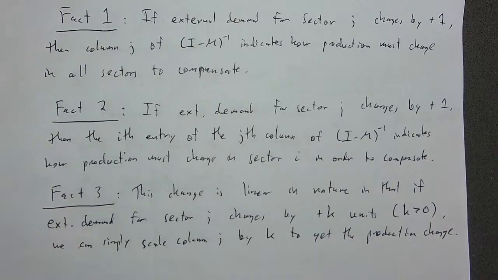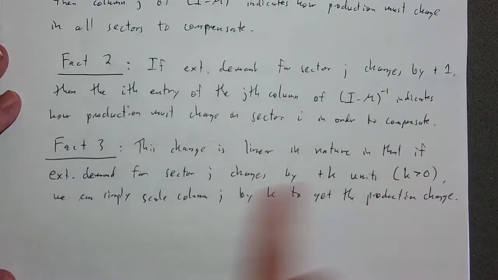And so the type of question that I might ask, showing you that I might only be interested in a single one of these entries, or maybe a couple of these entries, is how much the production in a single sector needs to change in order to compensate a change in external demand. We know that we don't have to do this by +1. We can do this by +k and just scale those entries, since those entries scale by k.